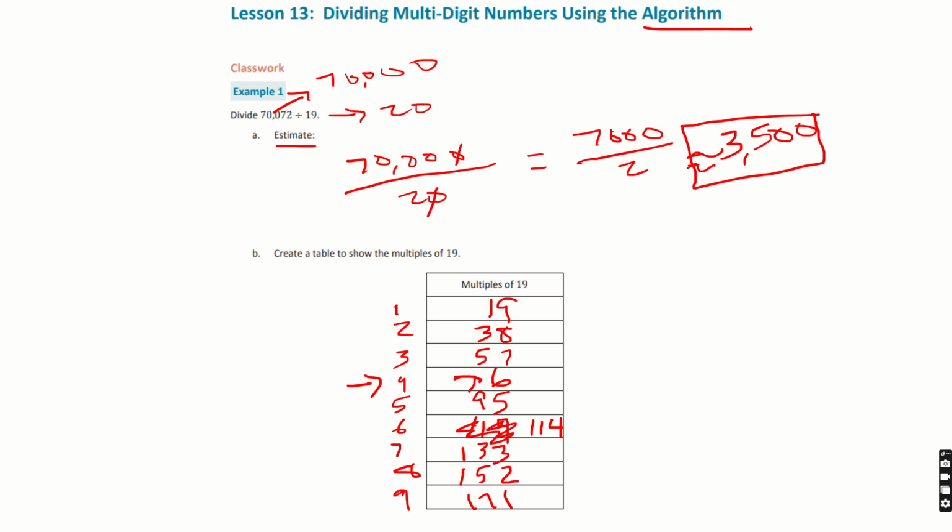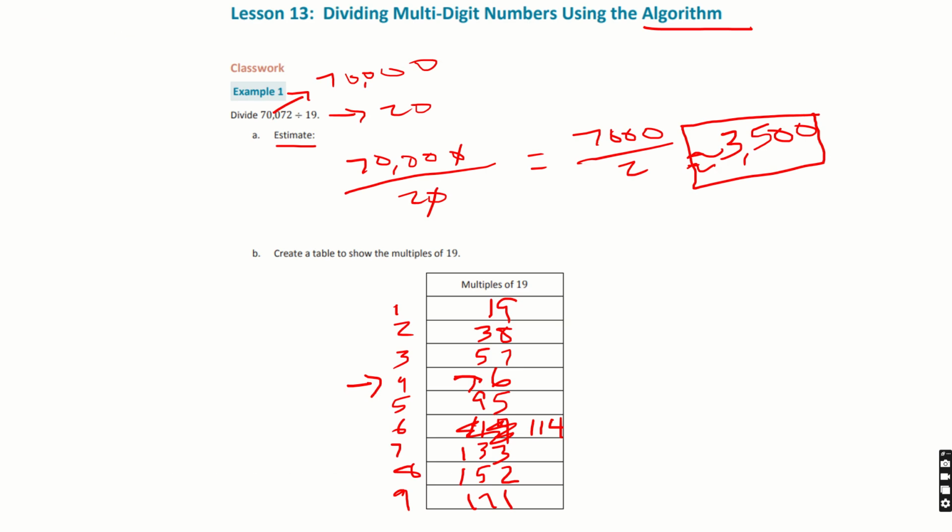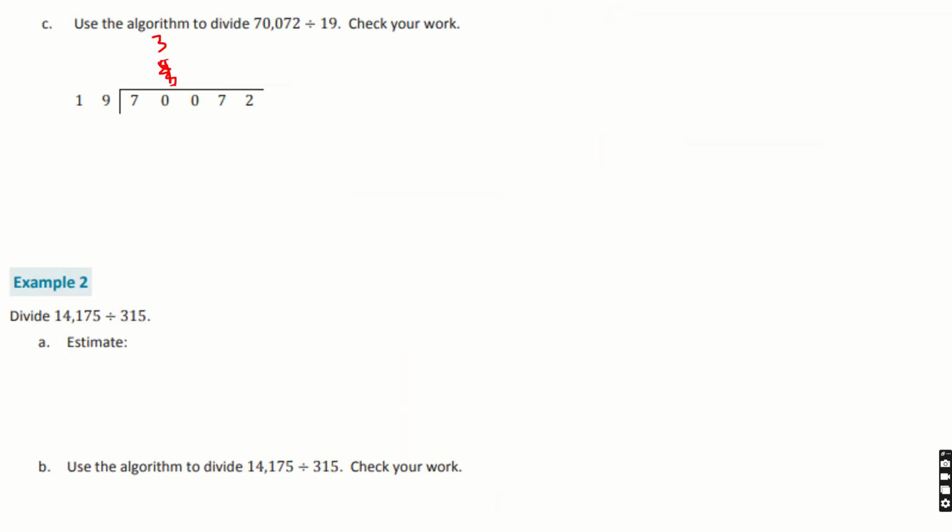Let's check this. 70 and 76, so it'll go into it 3 times. Excuse me, not 4 times. 3 times 19, if we look back here, is 57. So I'm going to put 57 down here and take that away. Cross that out, turn this to 6.